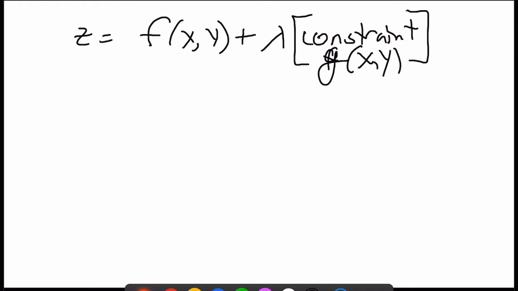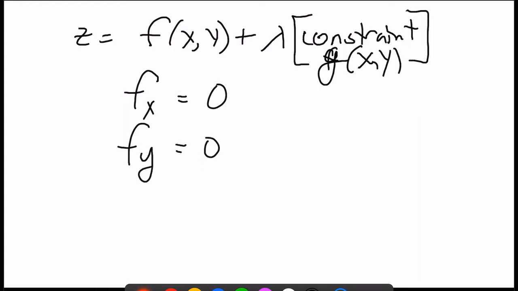We take this and we're going to get Z_x equals 0, Z_y equals 0, and we're going to get Z_lambda equals 0. That's a lambda.